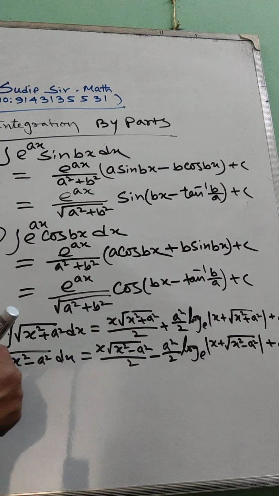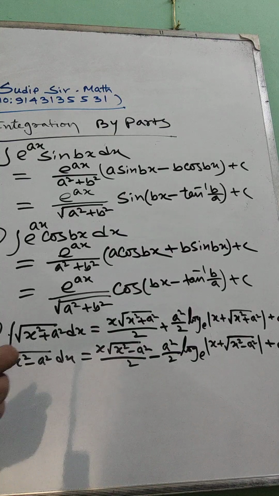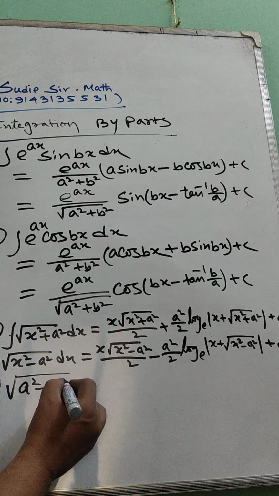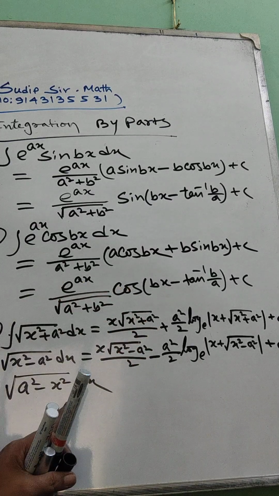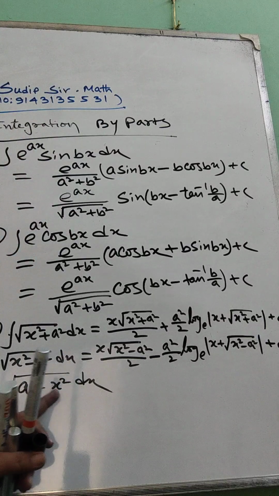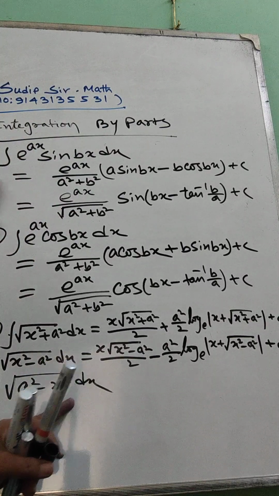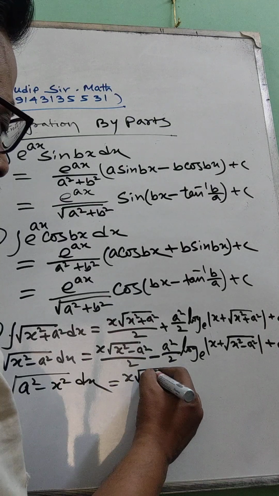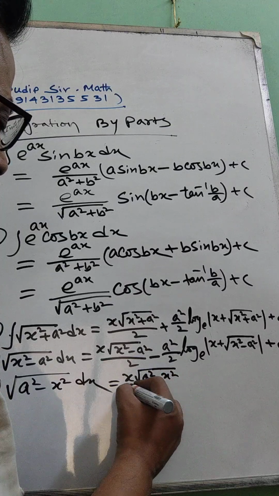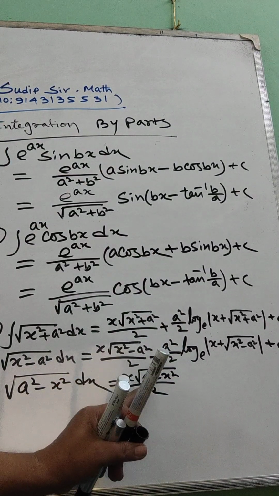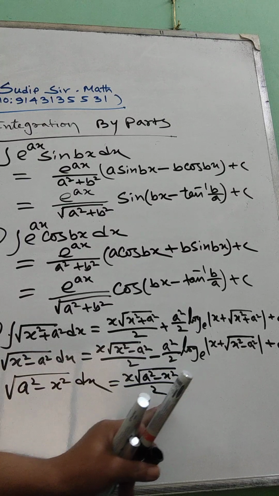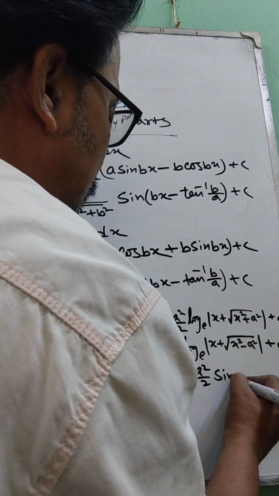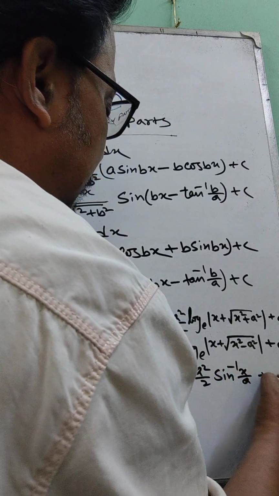And last, if this part is minus, root over of a square minus x square dx equals x root over of a square minus x square by 2 plus a square by 2 sin inverse x by a plus c.